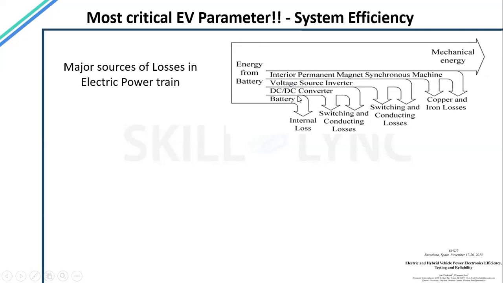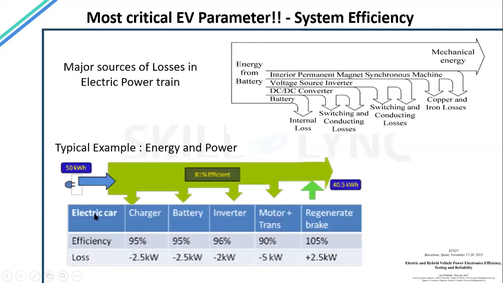So the machine may have, say, higher efficiency at higher or medium speed, while the inverter may not have high efficiency in those regions, right? So overall, we have to see how we can get better efficiency, and we have to calculate at some point how many kilowatt-hours of energy, because we are demanding not just power but also energy. So efficiency-wise, you can categorize those, and you can see the losses here are pretty high.